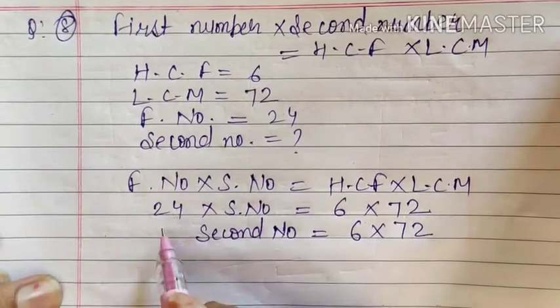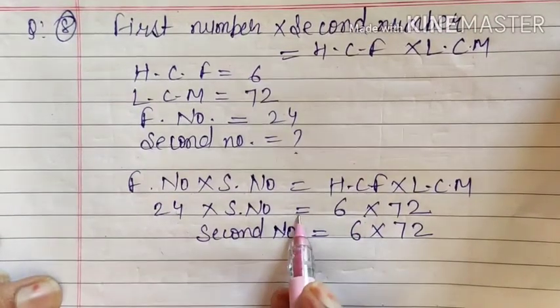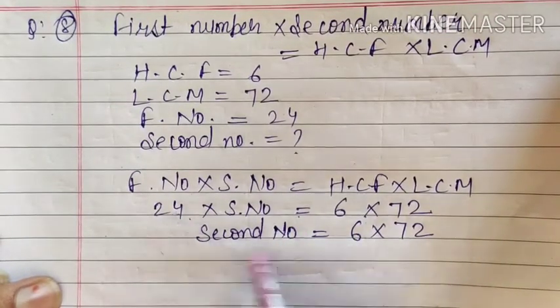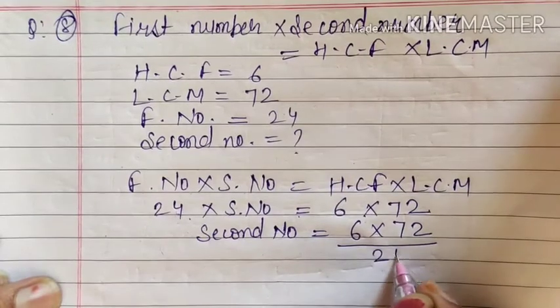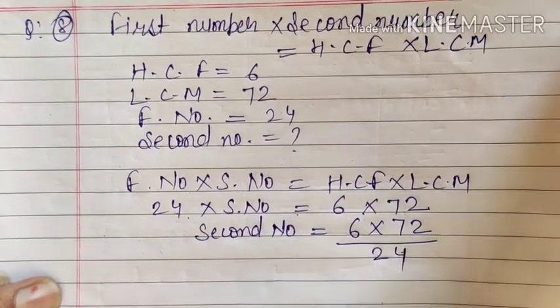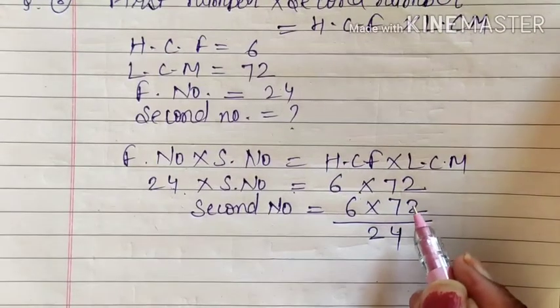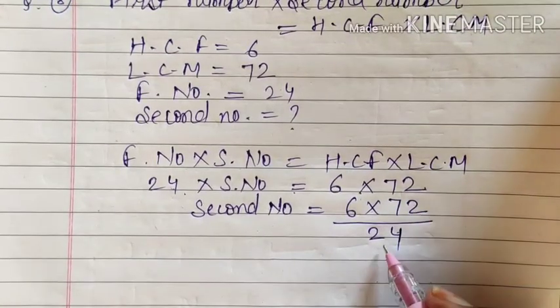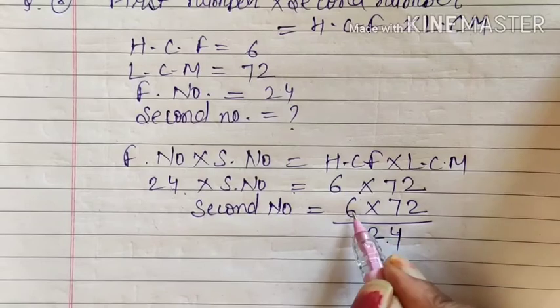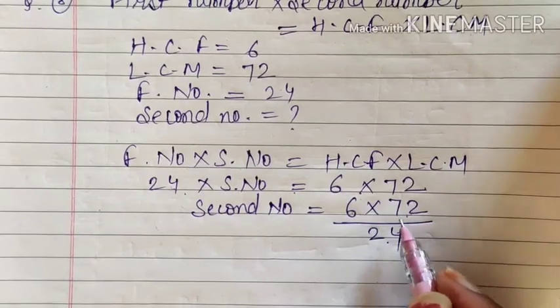When we bring this 24 to the right-hand side of the equal sign, this multiplication will change into division. This is divided by 24. Now we have to look at the numbers. We have to find a number which must divide this number and at least one of these numbers.